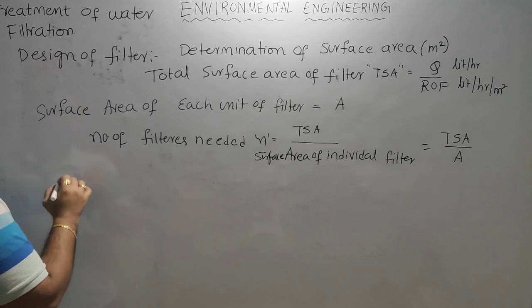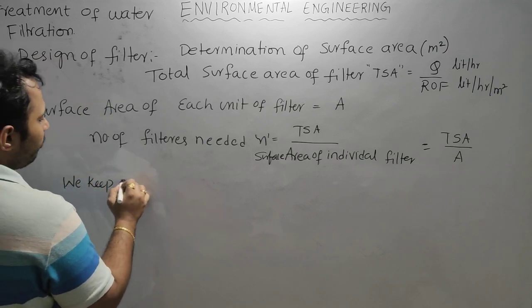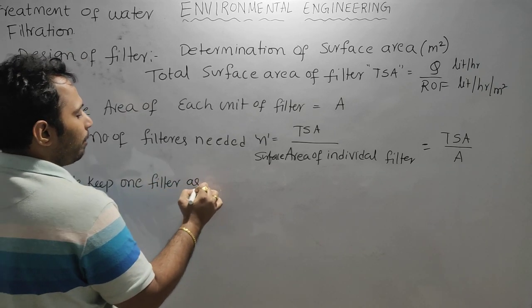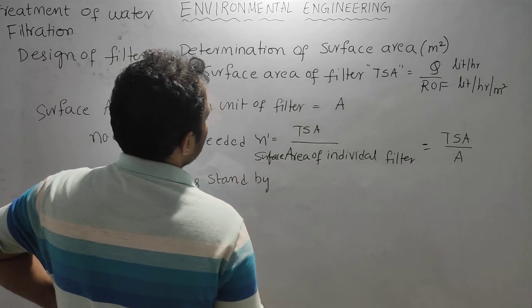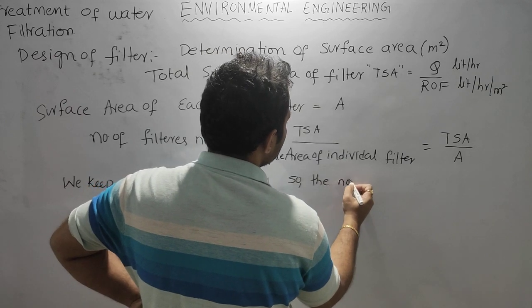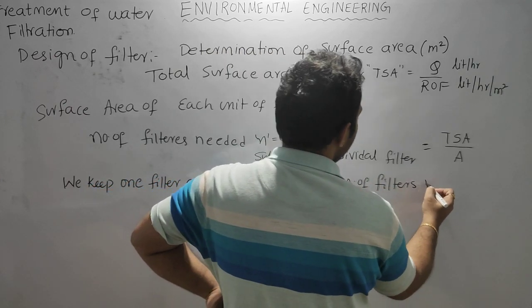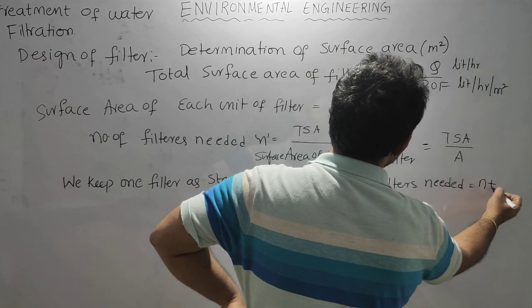Generally we keep one filter as standby. So the number of filters needed is equal to N plus 1.